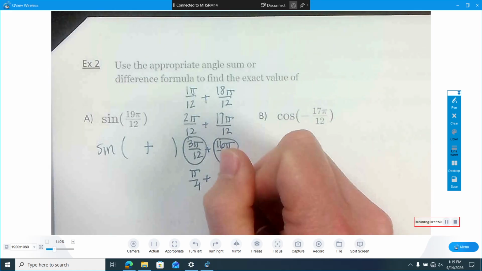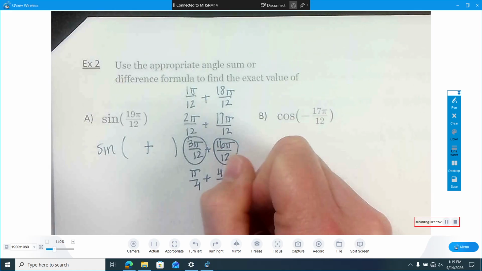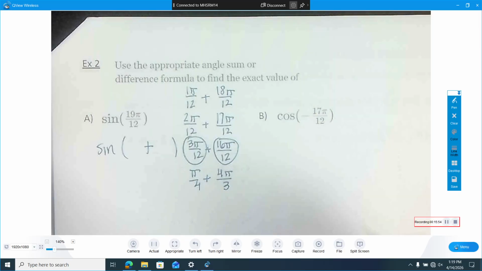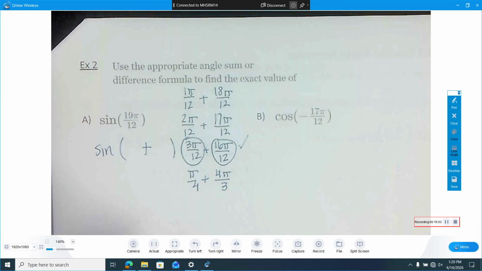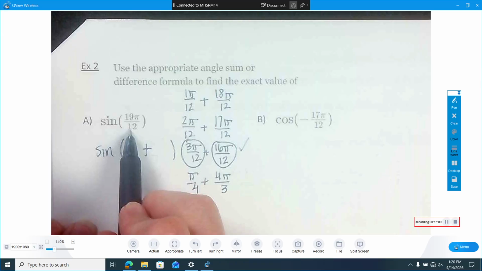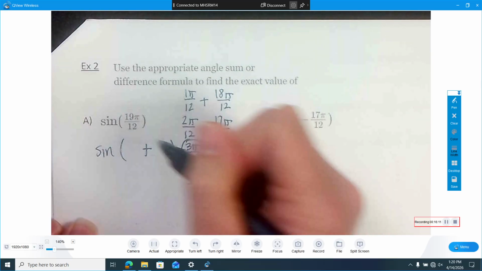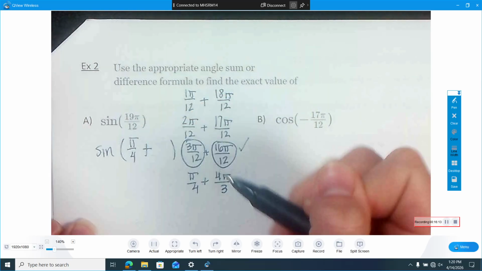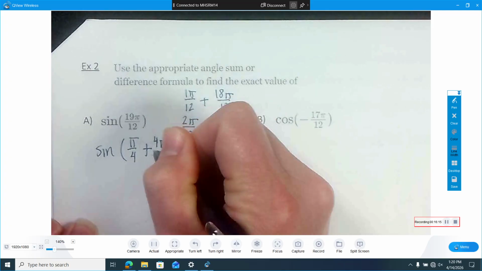To 4 pi over 3. They both divide by 4. So these are two good choices because now I have the sum of friendly angles. Now I can use my unit circle to answer my questions here. And so I can rewrite 19 pi over 12 to be pi over 4 plus 4 pi over 3.